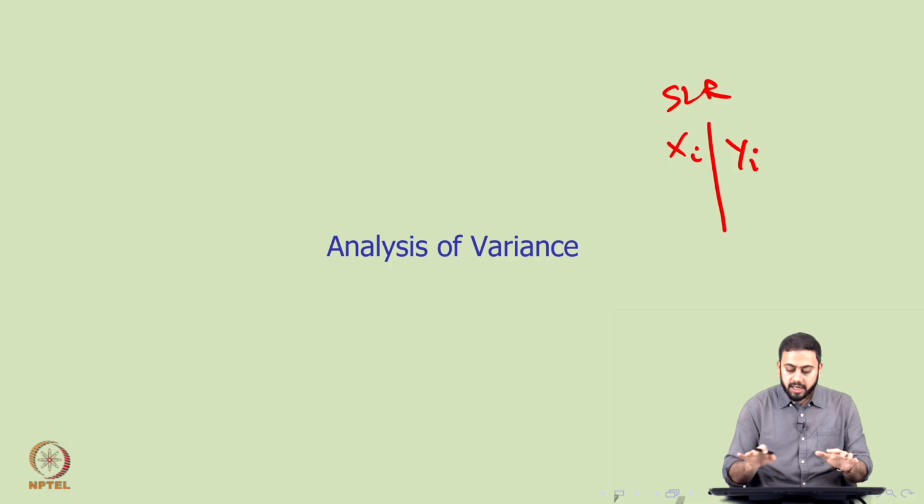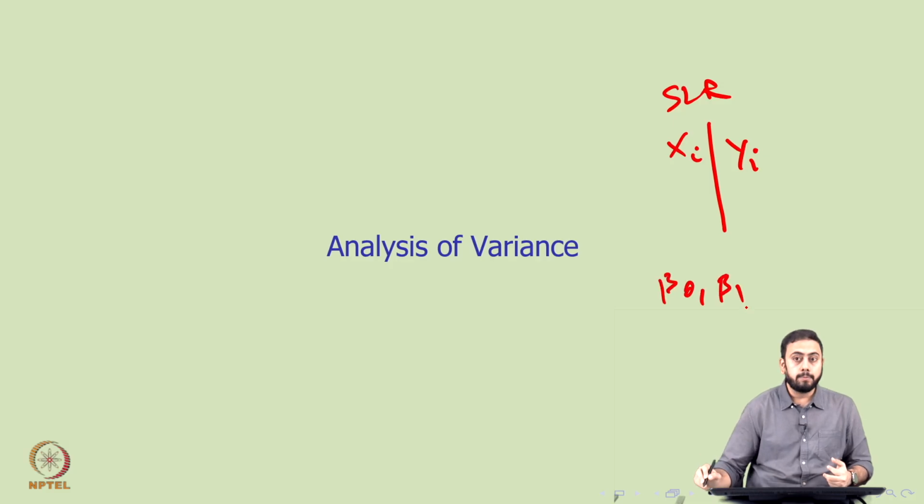We have discussed so far how to develop the linear model, how to estimate the parameters, namely beta 0 and beta 1, and then the interpretation of the slope parameter and the intercept parameter. Beta naught hat happens to be nothing but B0, while beta 1 hat happens to be B1.